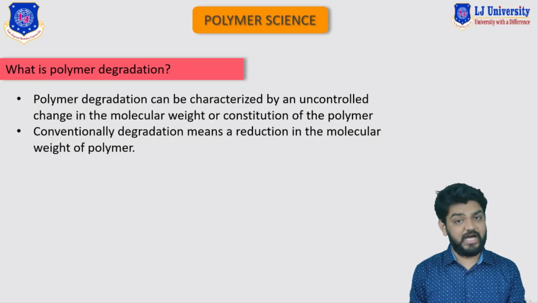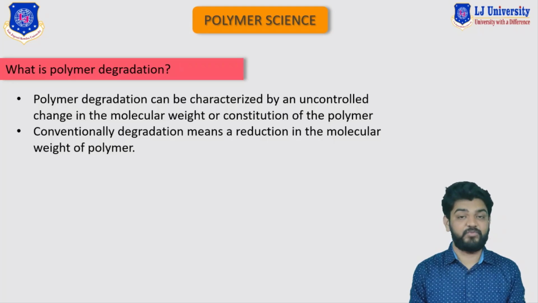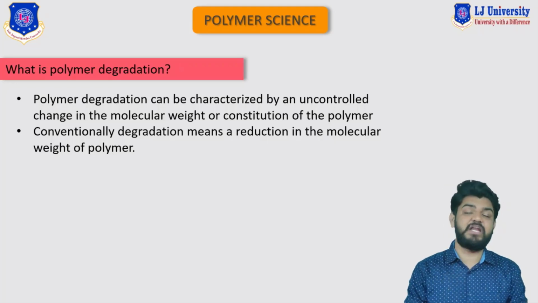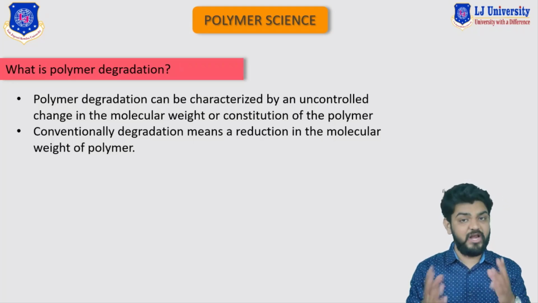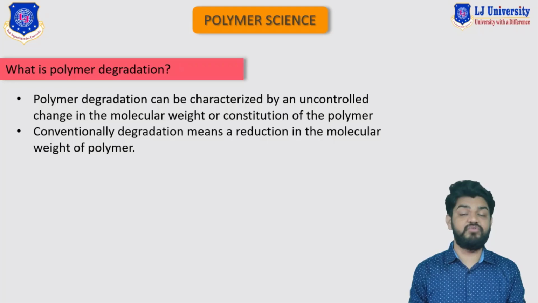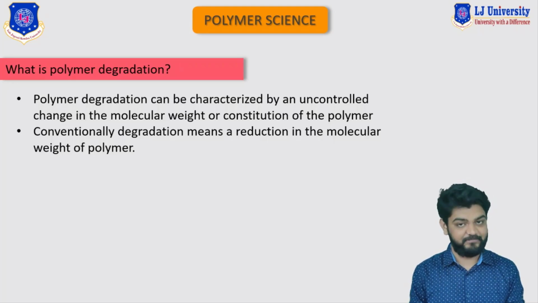This degradation again can be of many types. It can be thermal degradation or mechanical degradation. There is chemical degradation as well. So all in all, it affects the structure of the polymer, decreases its strength and reduces the molecular weight of the particular polymer after degradation.